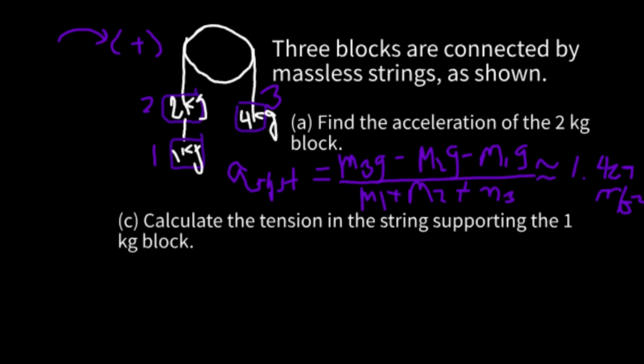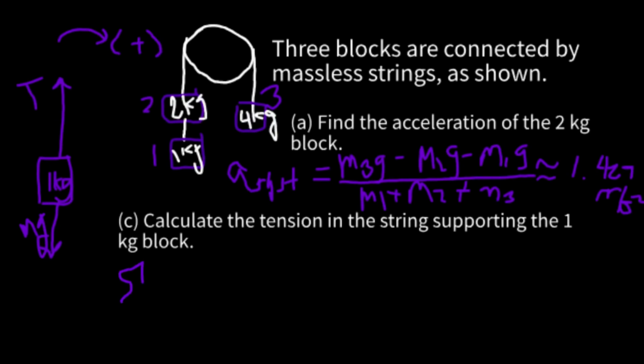Alright, now for part C, we want the tension supporting the 1 kilogram block. Since that is our block of interest, let's start with a free body diagram. So we've got that tension up and that weight down.